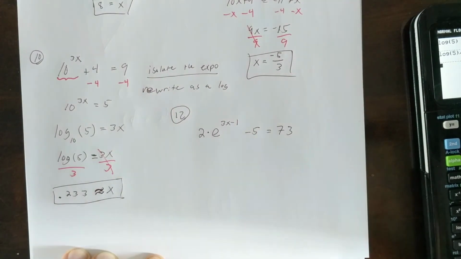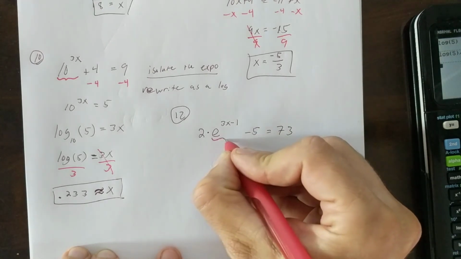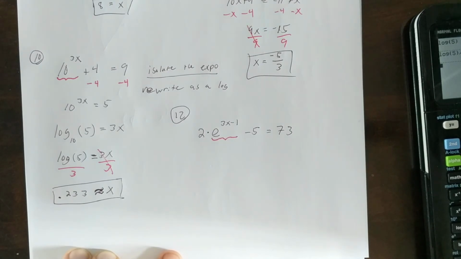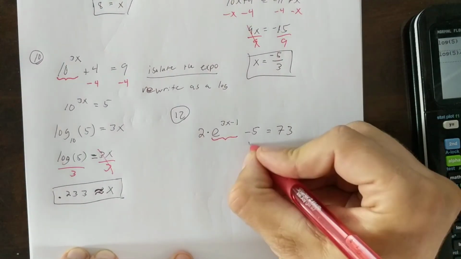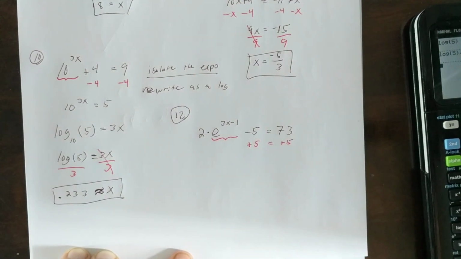So if I want to isolate my exponential, well, where's my exponential? Well, this is 2 times e to the power of 3x minus 1. So what's taking to the power of 3x minus 1? Just the e. So we actually just need to isolate that. So if I'm trying to isolate that, the first thing I want to do is get rid of the 5. So I'm going to add 5 to both sides.